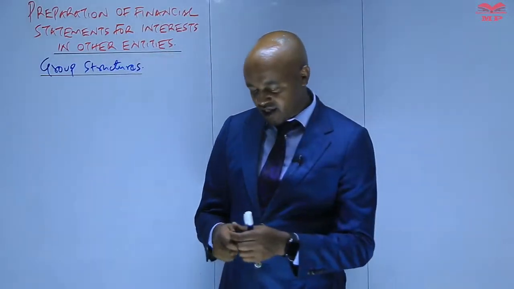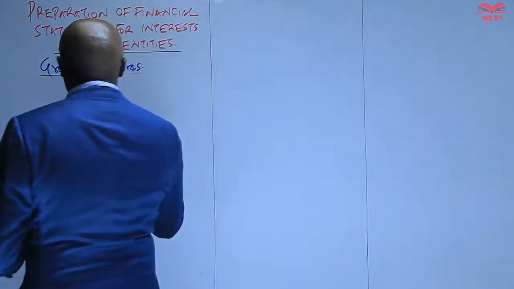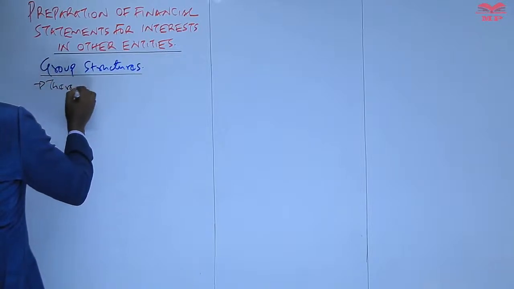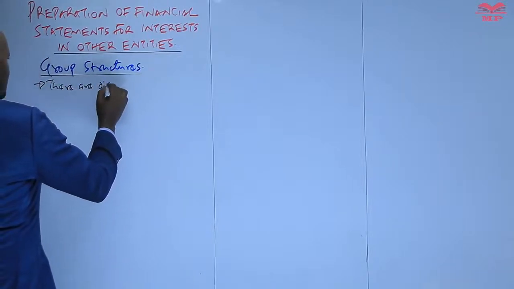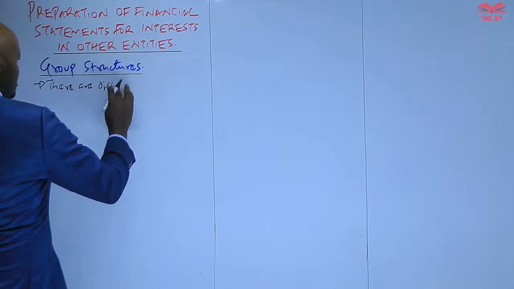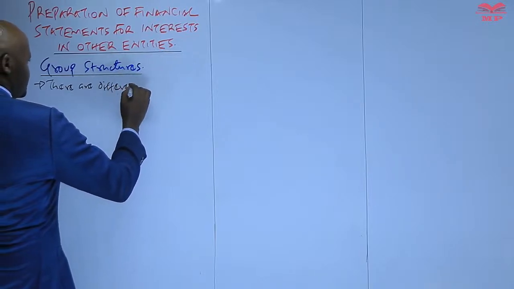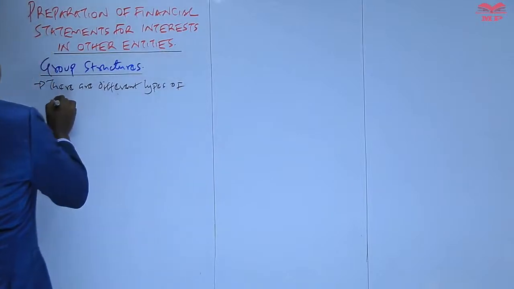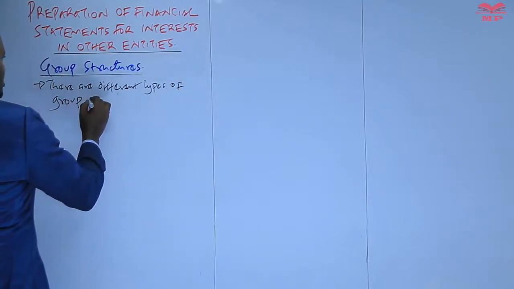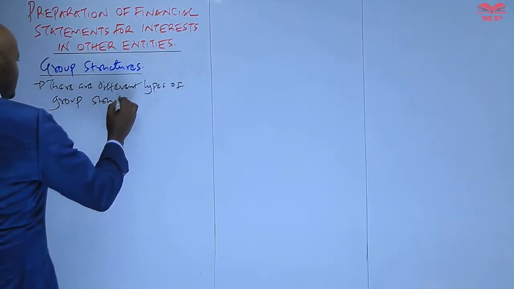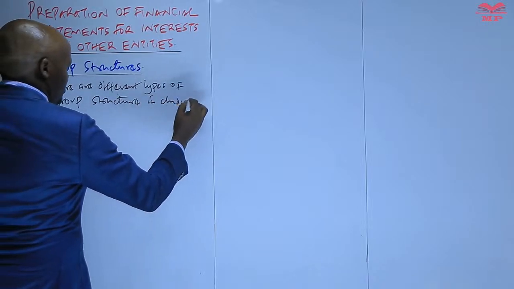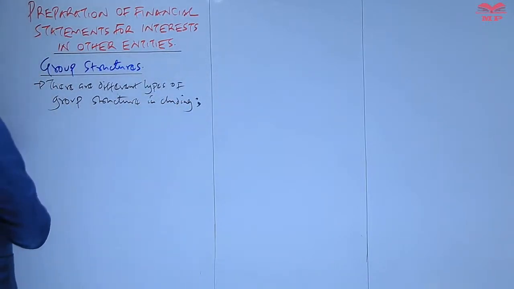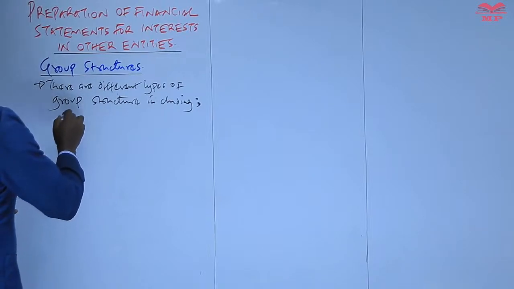So therefore, in this case, we can say that there are different types of group structure, including number one, the horizontal structure.